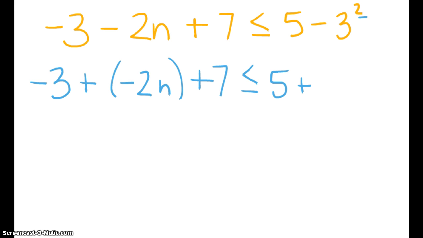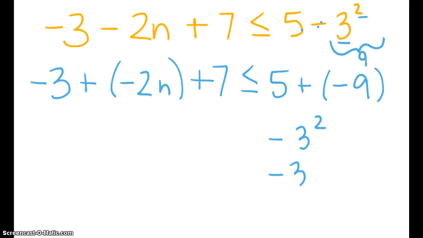The squared applies to the 3, not to the negative sign. So what I would suggest that you do first is go ahead and square your 3, which is 9. So really this is 5 minus 9. So we're going to say 5 plus negative 9. There is a difference between negative 3 squared and negative 3, all of that squared.